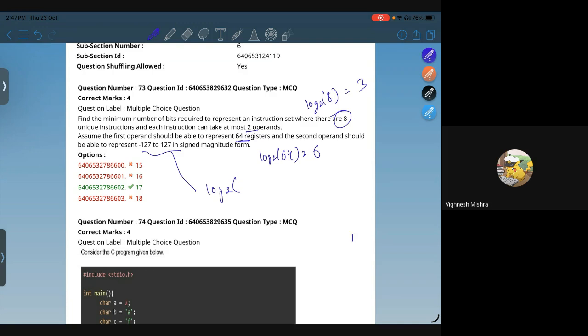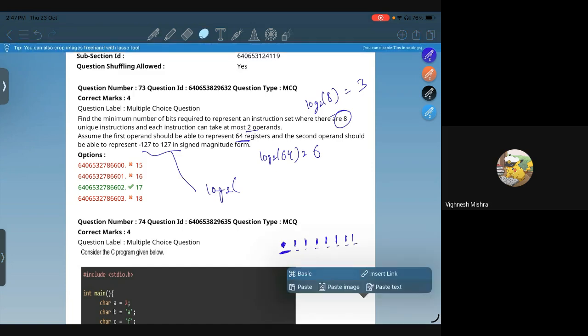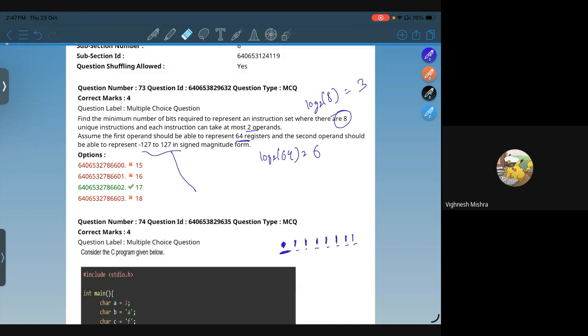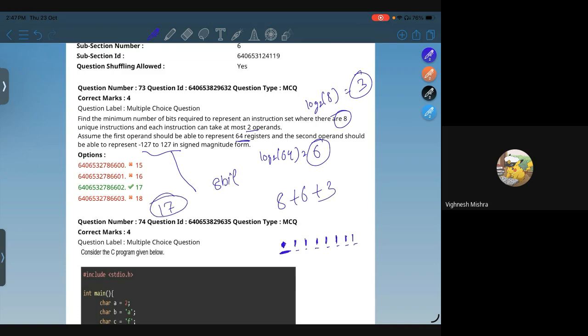Let's check: 2, 4, 8, 16, 32, 64, 128. Till here, and this is the sign bit. So 1, 2, 3, 4, 5, 6, 7, 8. For this we need 8 bits. 8 bits for this, 6 for this, 3 for this. So 8 plus 6 plus 3. Fine.